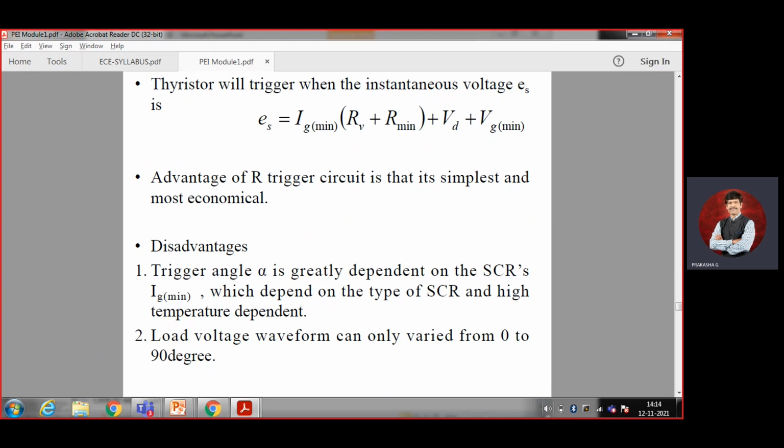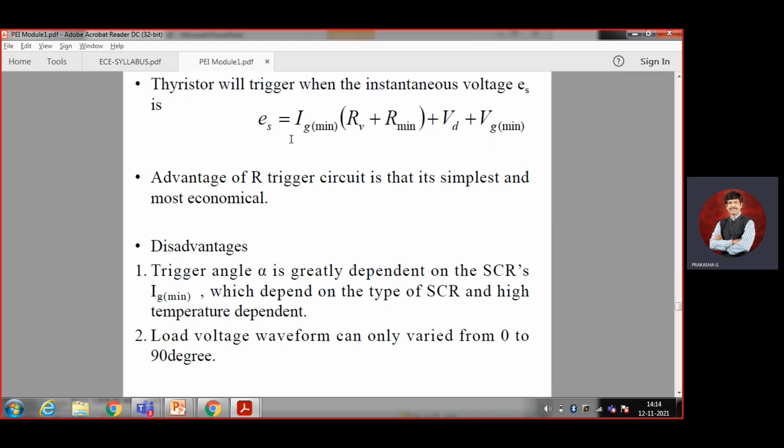The thyristor will trigger depending on this particular equation, when the instantaneous voltage ES reaches the required value. You should check the ES value also, since it keeps varying from 0 to maximum, maximum to 0.